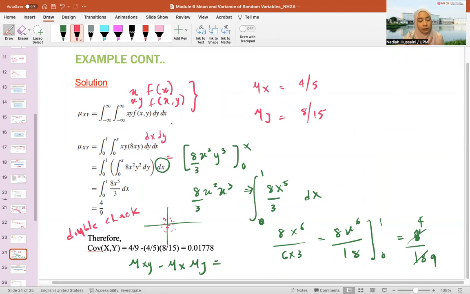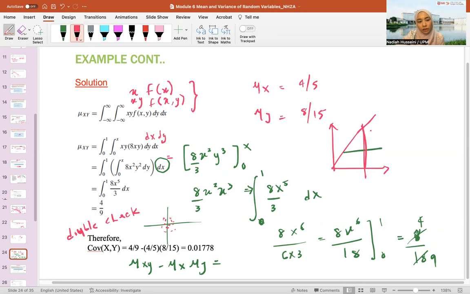Whatever is the inner integral, your boundary would be how we found the marginal density function, which was a straight line. If it is dx, then I would have a straight line like this. If it is a dy, I would have a straight line like this.